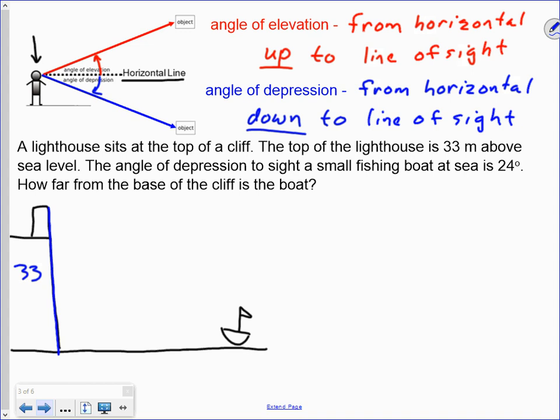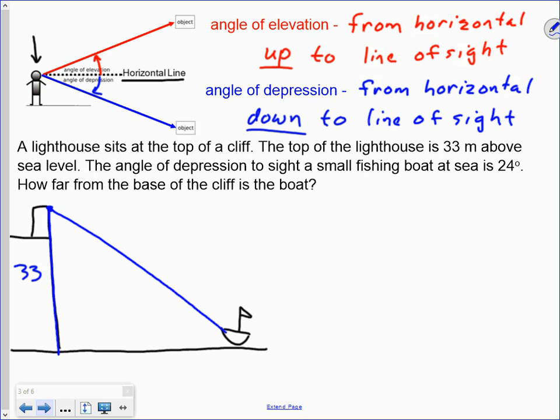There's a person up here at the top of the lighthouse. They are looking down to this boat down here. So this blue line that I just drew is the line of sight. They talk about the angle of depression to that line of sight.